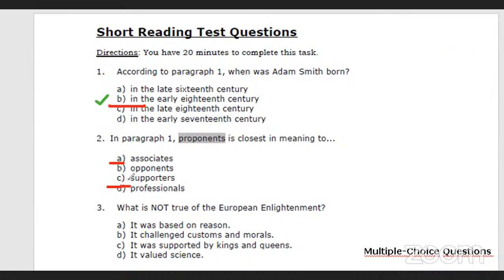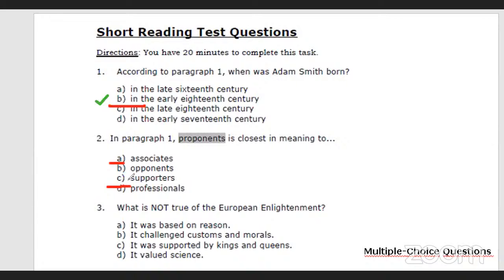Well, a proponent is someone that proposes something, if my definition is correct. It's something that says something. I think it has a synonym to support. Yeah, well, that's zero.